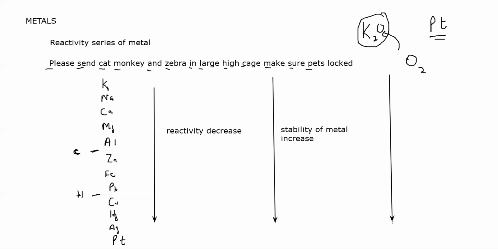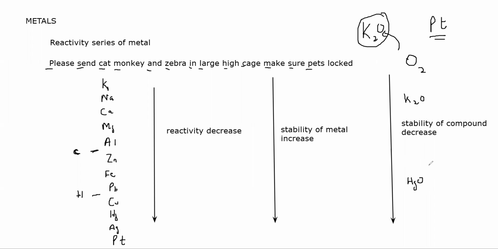And going down in this series, what we observe is that stability of the compound decreases. So more reactive metals form more stable compounds. When we compare, for example, if you have two compounds, one is potassium oxide, another one is mercury oxide, which compound is more stable?